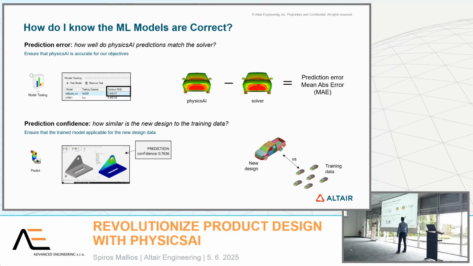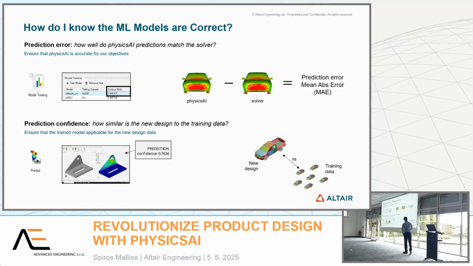And for that, we have a bunch of error KPIs, error measurements. The most used one is the mean average error, which is basically the average error between the prediction of the PhysicsAI solver and the actual results. And this is very useful, again, on the testing set, on some unfamiliar data.